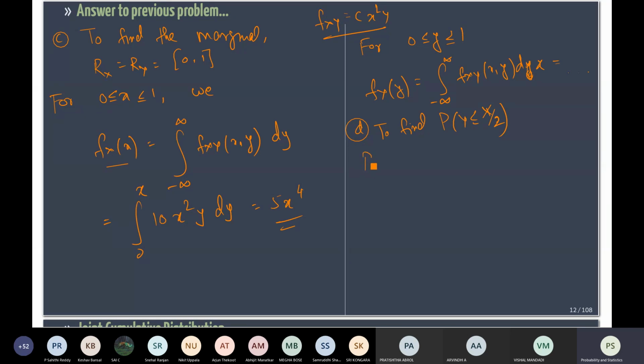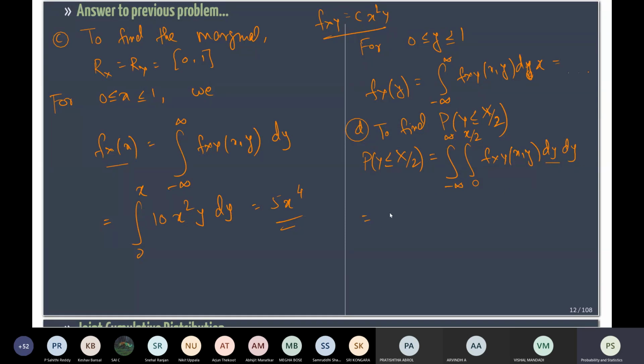So x will go from minus infinity to infinity. Well, it will boil down to 0 and 1 eventually. And then y is bounded by x by 2. So this is f_XY(x,y) dy dx.